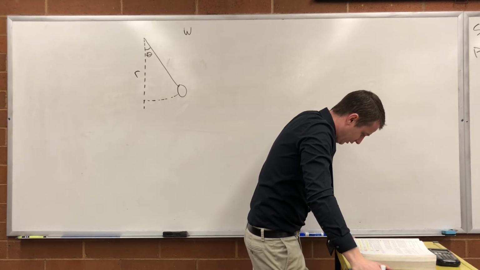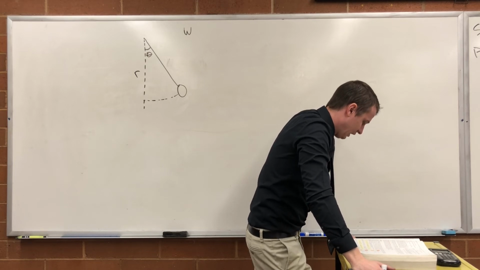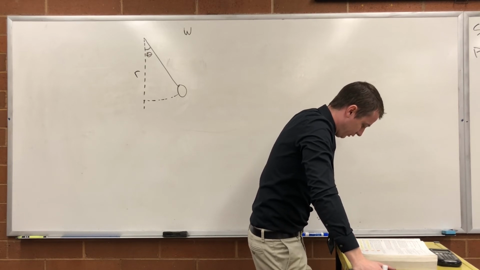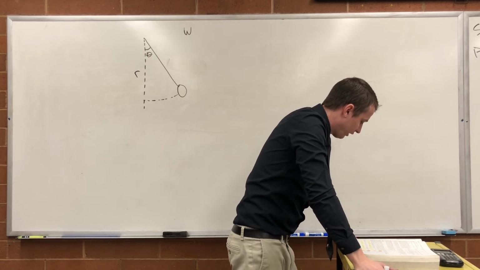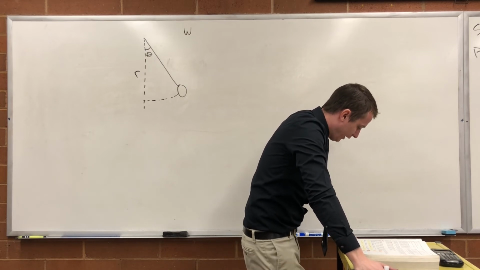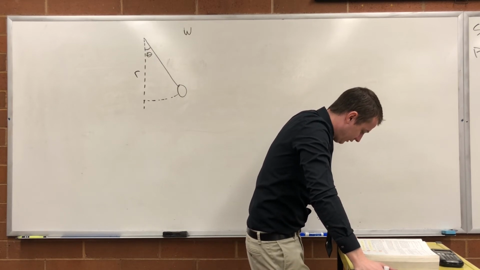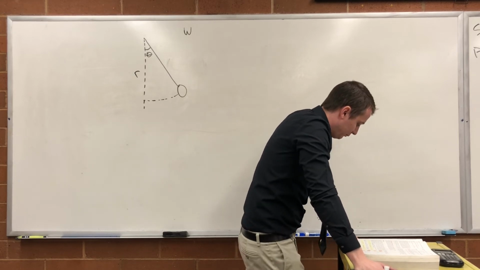His weight is W, the length of the chain is R. You push him until the chains make some angle, theta naught, with the vertical. To do this, you exert a varying horizontal force, F, that starts at 0 and gradually increases just enough so that he and the swing move very slowly and remain nearly in equilibrium throughout the process.